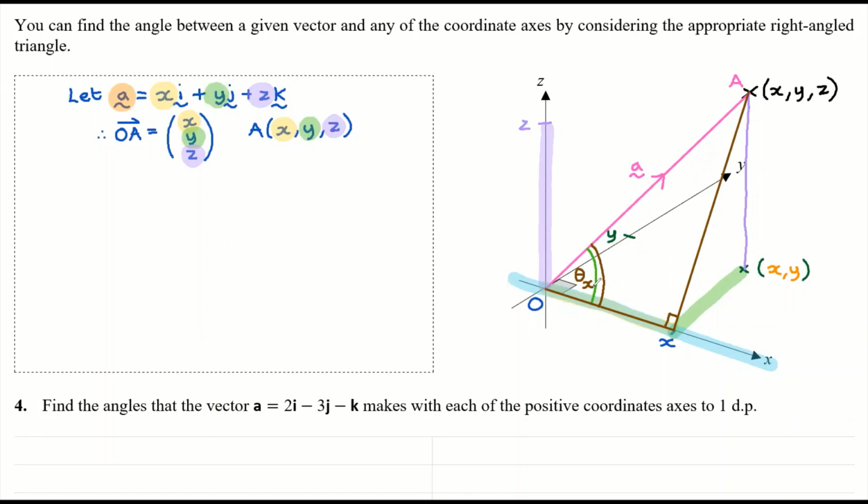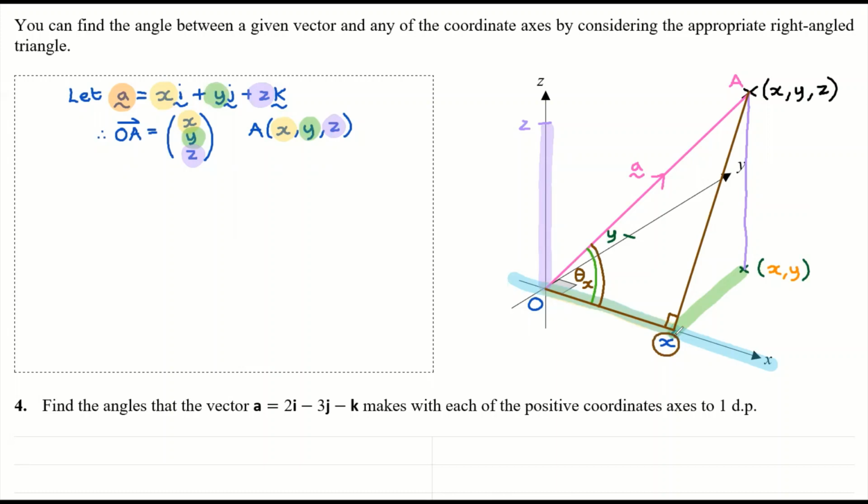How do we find theta x? Well, we can use simple right angle triangle trigonometry. So if we look at the sides that we know, well, I'm going to assume that I know this x value here.